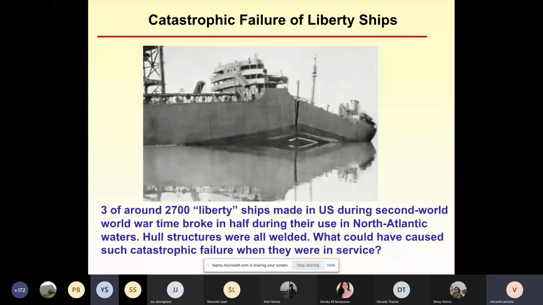So what is causing the drop in strength of the material? Sir, maybe due to lowering of temperature, the ductility of the ship is reduced. This is a specific problem for body centered cubic metals like steels. What is this thing called? Embrittlement, sir. No, this is called ductile to brittle transition.